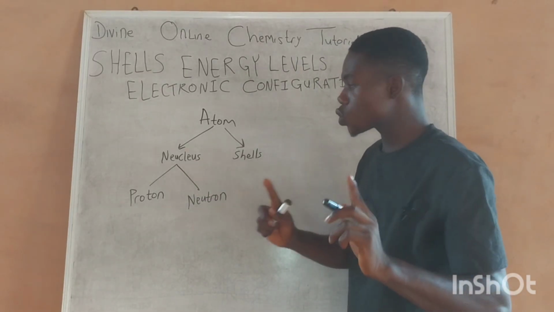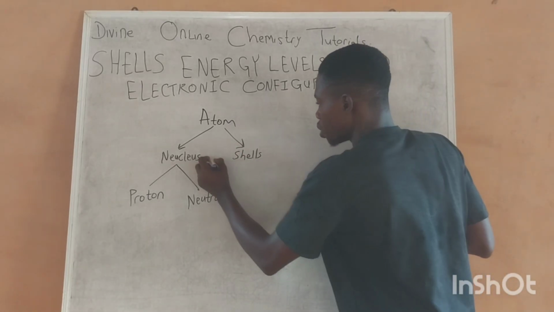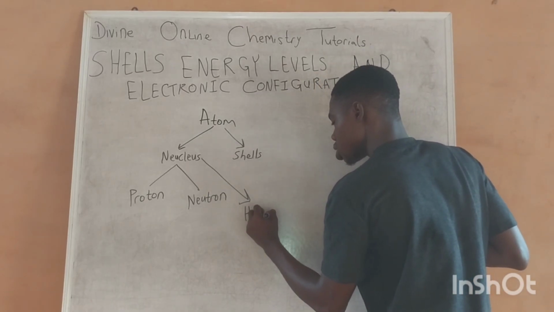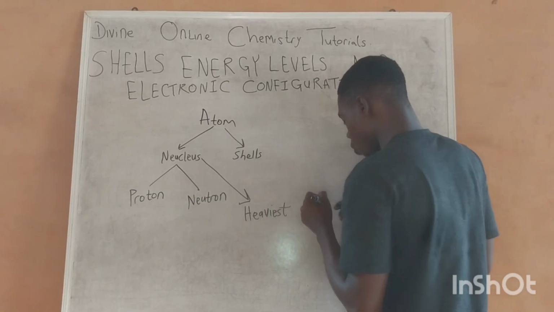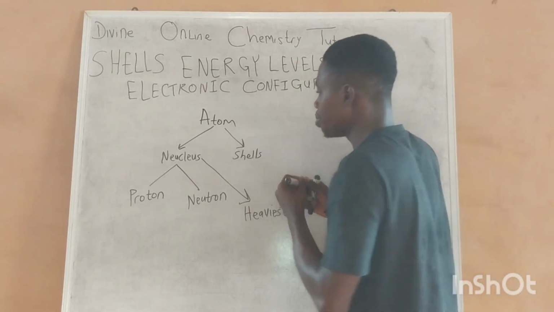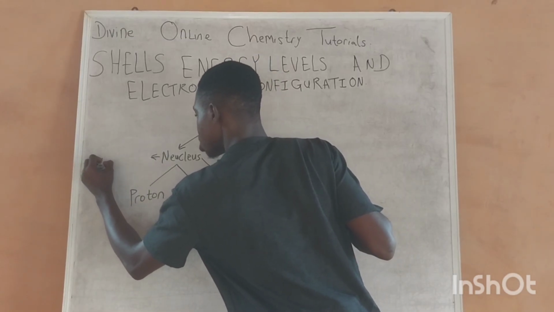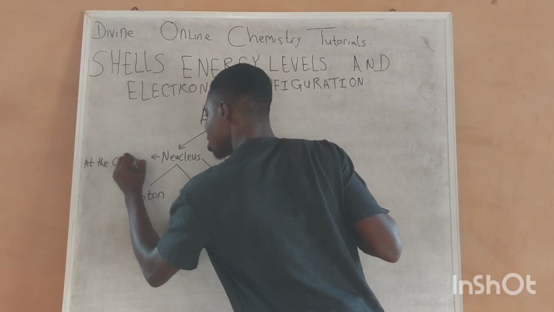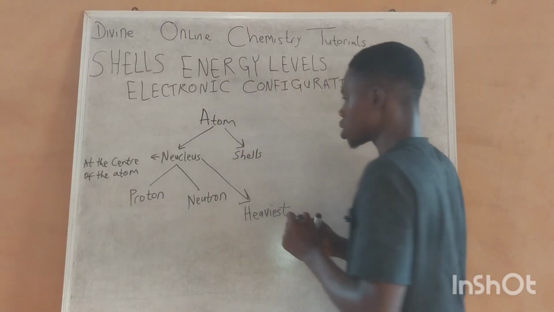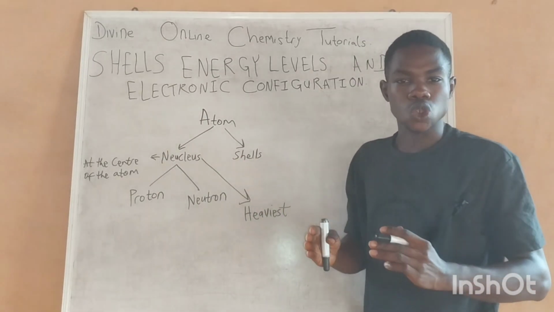Of an atom. And please also take note that the nucleus of an atom is the heaviest part of an atom, and the nucleus is situated at the center of the atom, whereby the shells spin around the nucleus of an atom in orbit form.